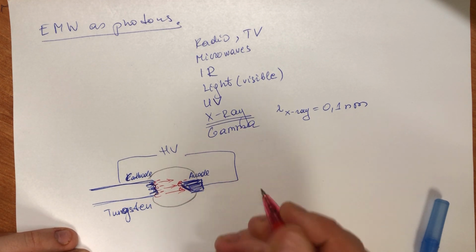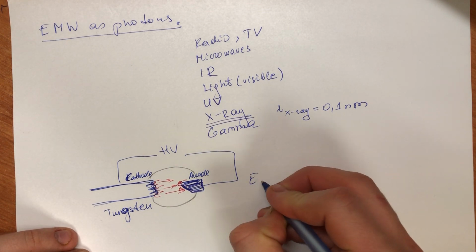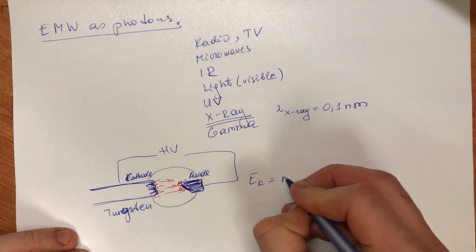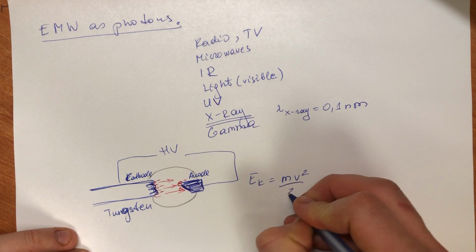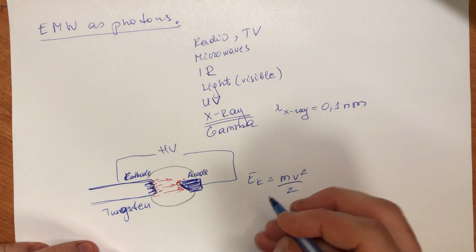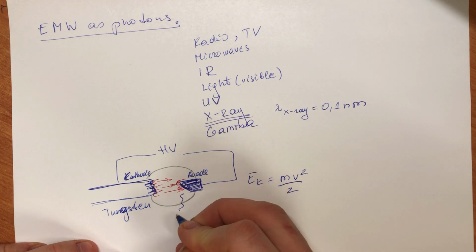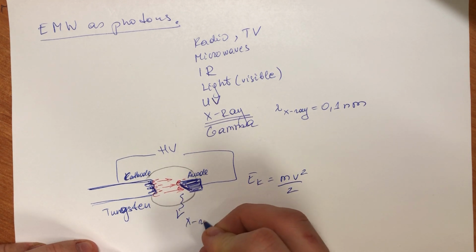They are moving at very high speeds, so they have very high kinetic energy, and when they hit the anode, they suddenly stop, and part of this kinetic energy is turned into X-rays.